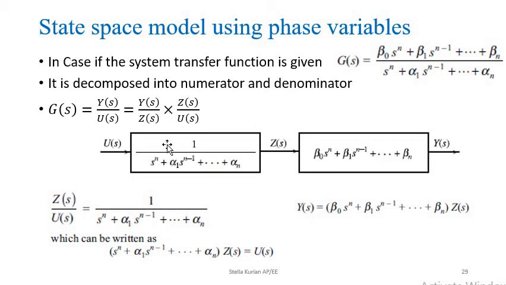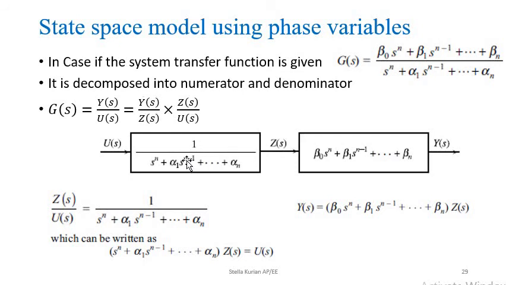So, U of s into the denominator polynomial will give Z of s, and Z of s into the numerator polynomial will give Y of s, which can be concluded from this decomposition.